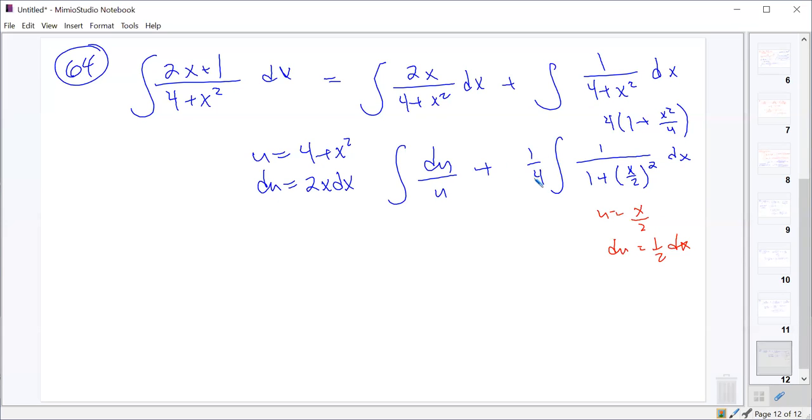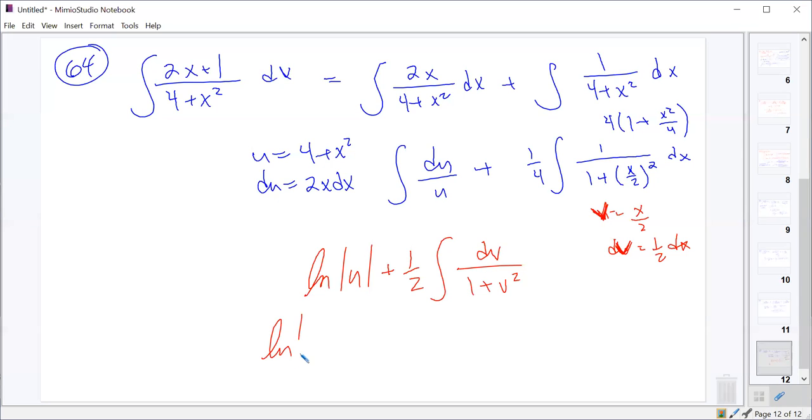We got a 1/4 there. So we break that down into a half times a half and clear out one of the halves. So we've now got natural log absolute value u from this one. Let's call those v's instead of u's in the second one, just so we don't confuse ourselves. So natural log absolute value of u plus 1/2 the integral of, and so our 1/2 dx becomes our dv over 1 plus v squared.